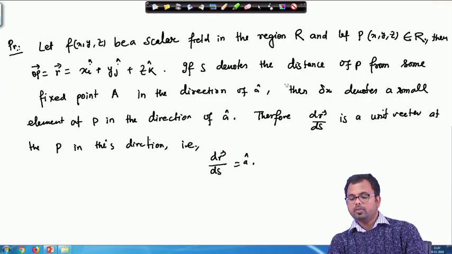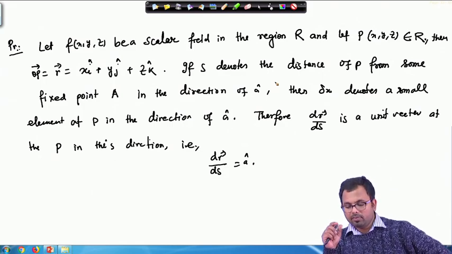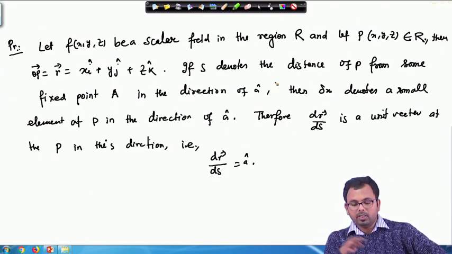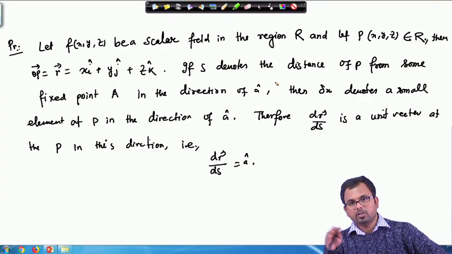So what we are doing is assuming the distance of P from any fixed point A in the direction of A cap. In the direction of A cap, we assume any arbitrary point, let us say A, and S denotes the distance.